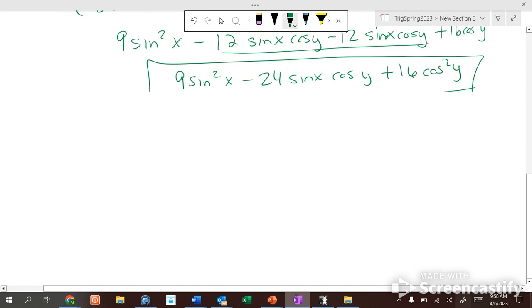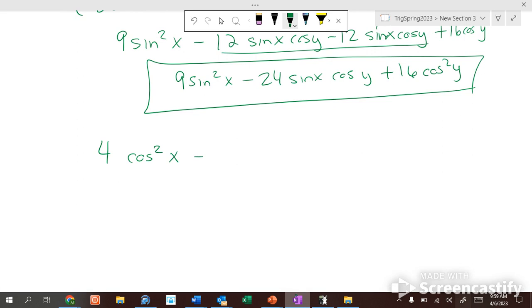Last example. Four cosine squared of x minus secant squared of x.